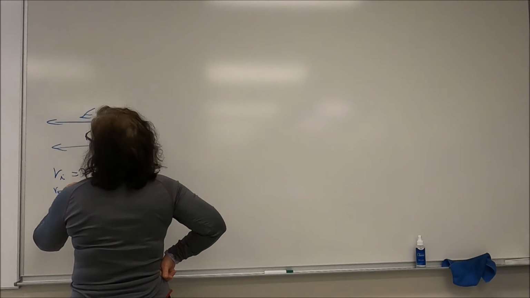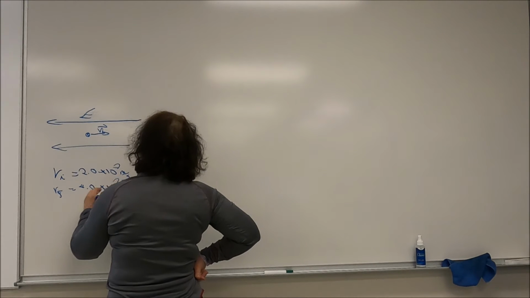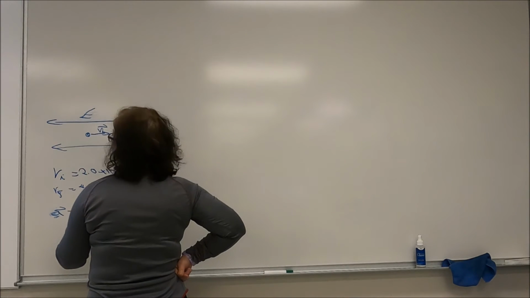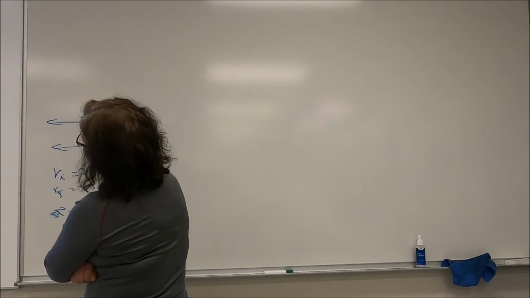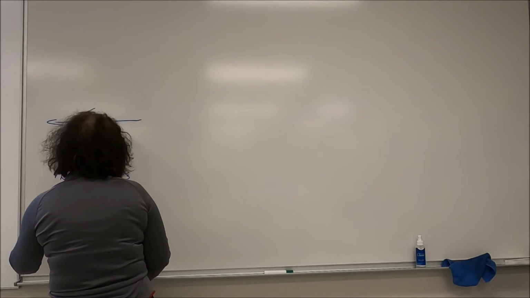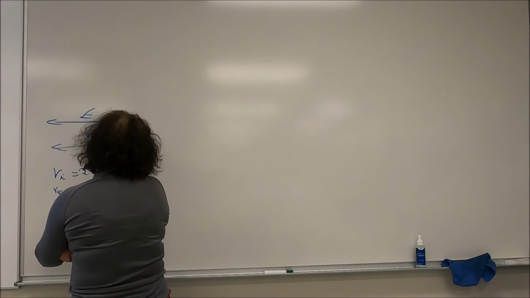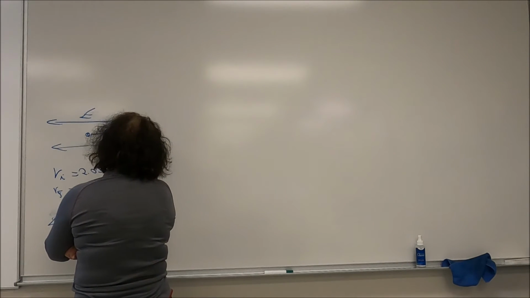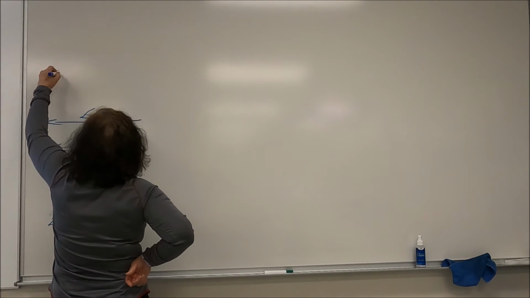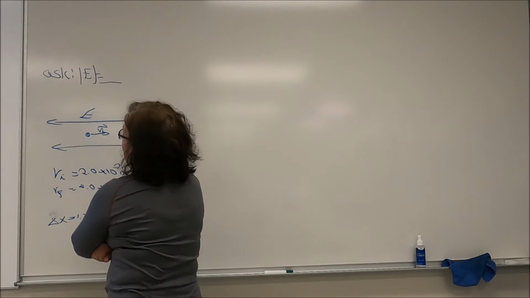Velocity final is 4.0 times 10 to the 7 meters per second. It does this over a delta x of 1.2 times 10 to the minus 2 meters. What we're asked here is the strength of the electric field.